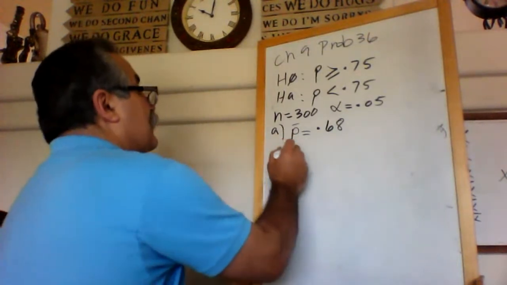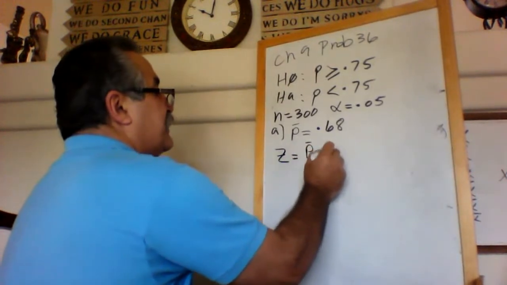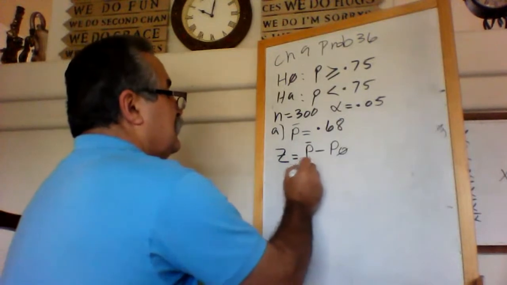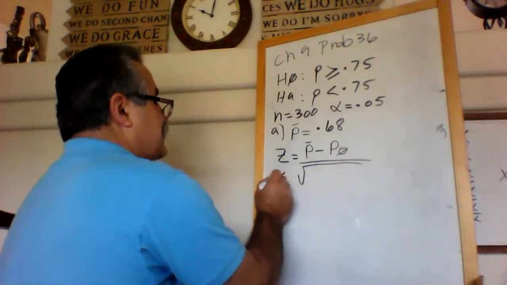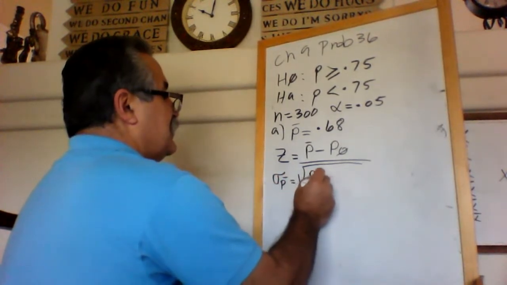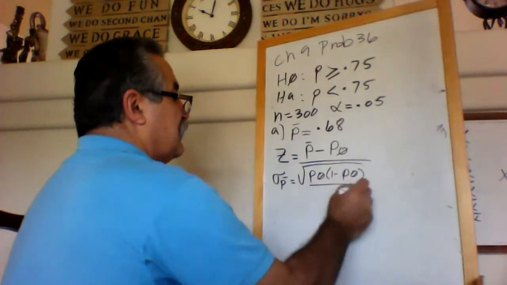Again, z is equal to p bar minus p sub 0, divided by the square root of, this is actually sigma sub p bar, which is p sub 0 times 1 minus p sub 0 divided by n.